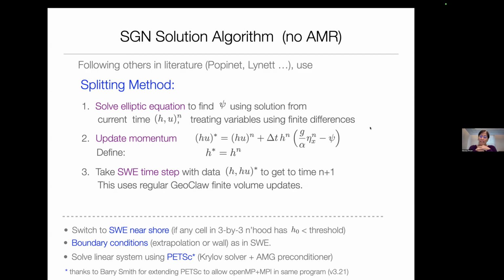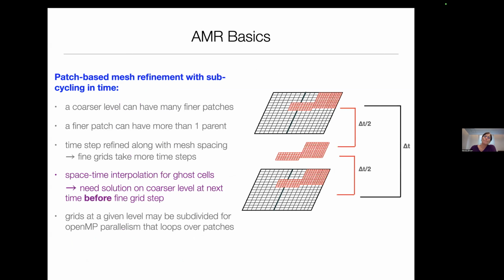The nice thing here is that Barry Smith extended PETSc so that we could use it with OpenMP. Since PETSc is a pure MPI-based parallel solver, he built a version, so anything after version 3.21 allows an OpenMP program to call the PETSc solver. So that was instrumental.